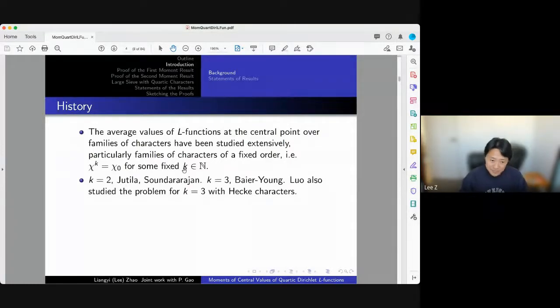In this direction, for k equals 2, you get quadratic characters, which only take on the values 1 and minus 1. This problem was studied first by Jutila and then by Soundararajan. For k equals 3, it was studied by Stefan and Matt Young for Dirichlet characters.